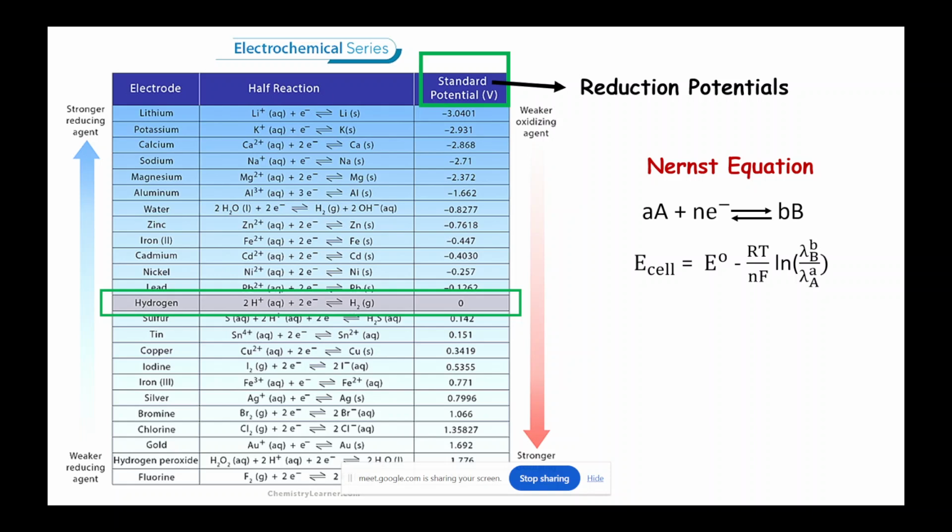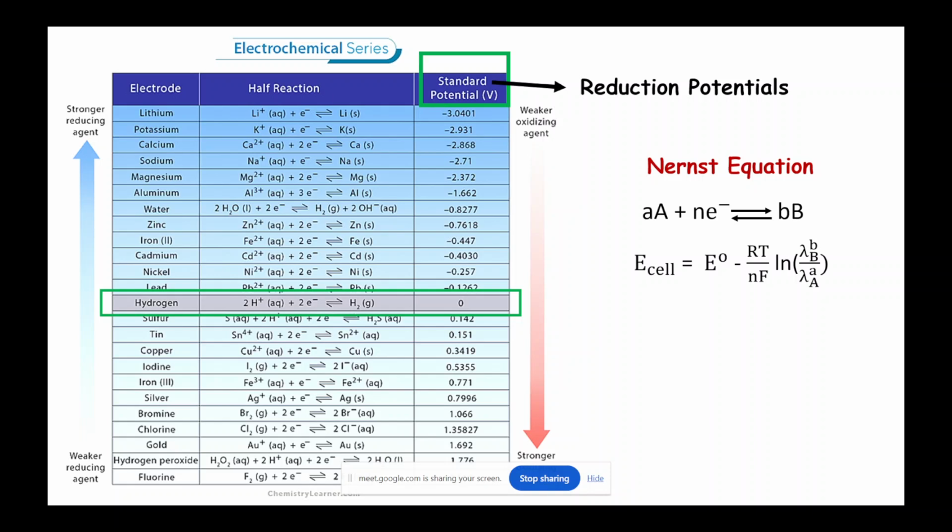Yes, these are the standard reduction potential values, and you can also see the related words, weaker oxidation agent, and at the bottom it is written stronger oxidation agent and others.